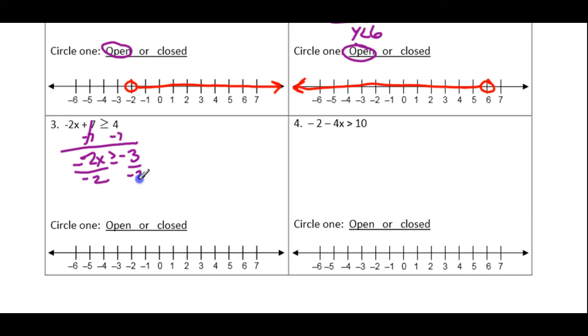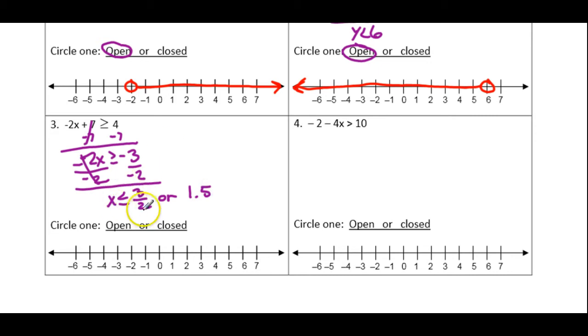Remember, opposite operation, but you keep the number the same. That's gone. x is, now look, did you notice we divided by a negative? That's when we flip the sign. So instead of pointing to the right, it's going to point to the left. And negative 3 divided by negative 2 would be positive 3 over 2. That's the simplified fraction. Or if you do 3 divided by 2 in your calculator, you get 1.5.